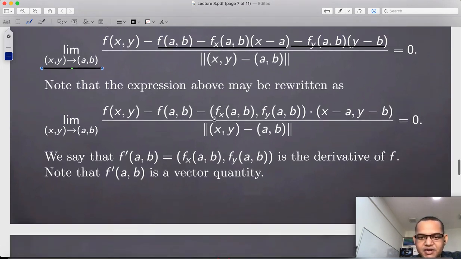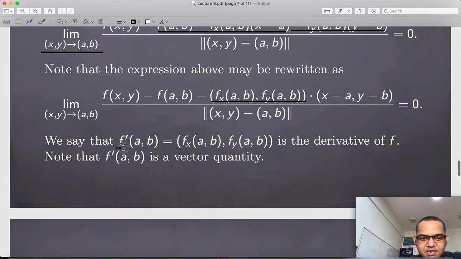This quantity here, which is a vector, is referred to as the derivative of f, and we are going to use the usual notation f prime. It is no longer a number, now it's a vector. So the derivative of a function of two variables is no longer a constant, rather it is a vector given by the partial derivatives evaluated at the point (a, b).